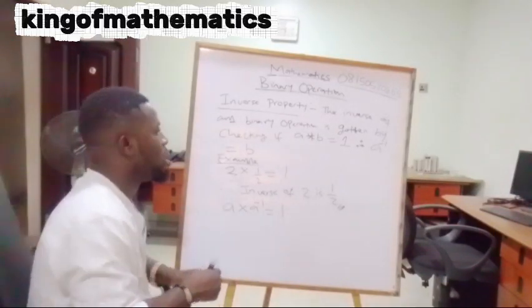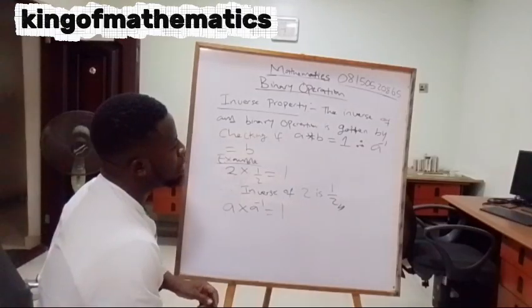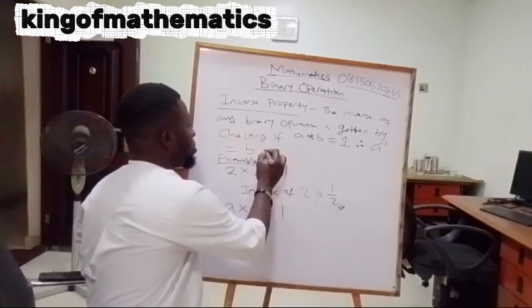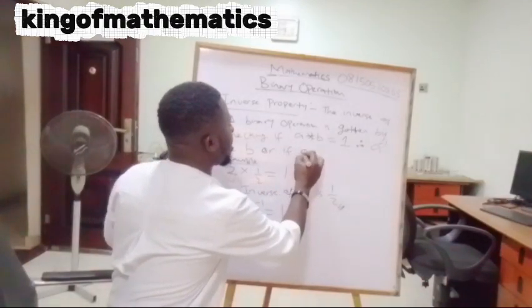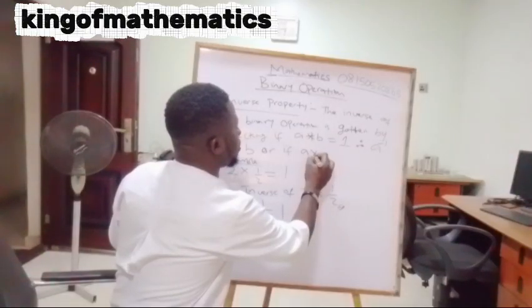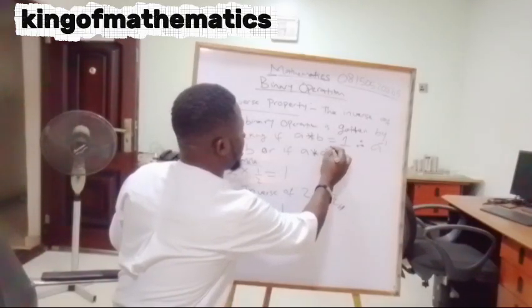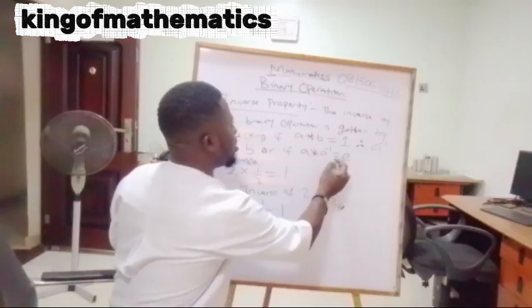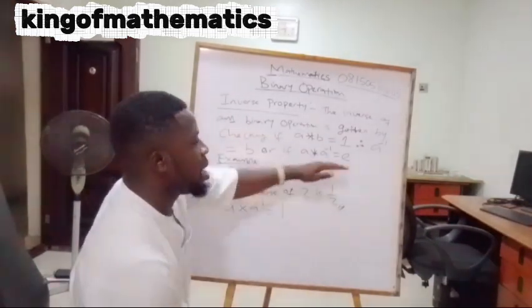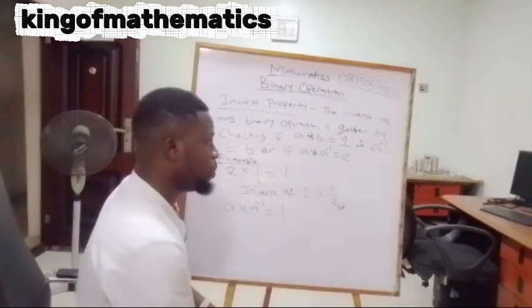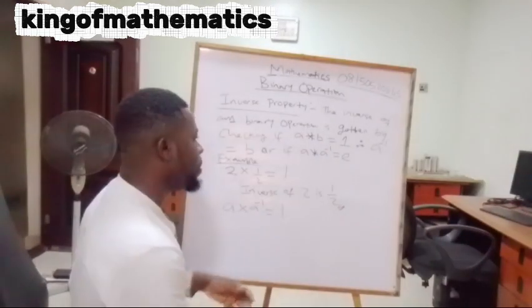Or better still, if A operation A inverse is equal to E, remember E equals identity element. This is actually the right one that we should be using. I think this will give you the best.